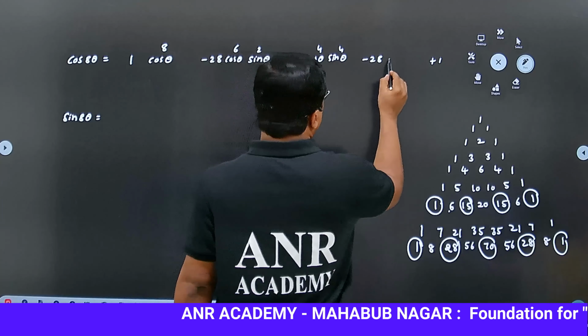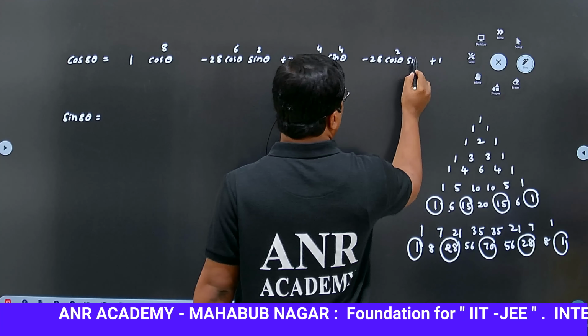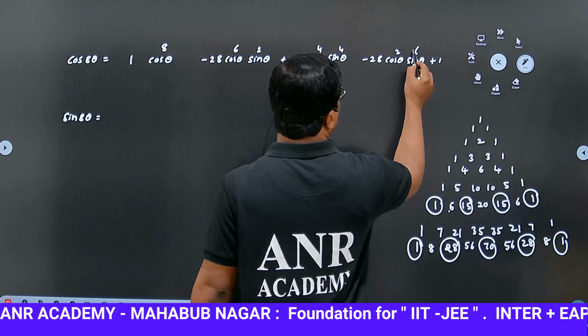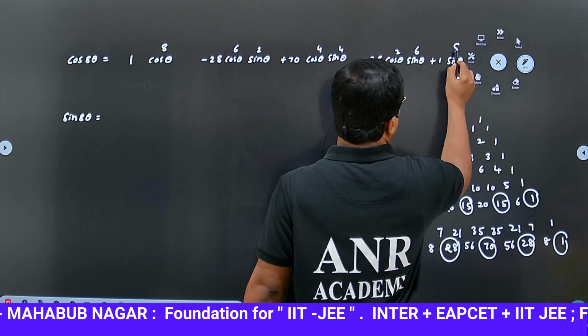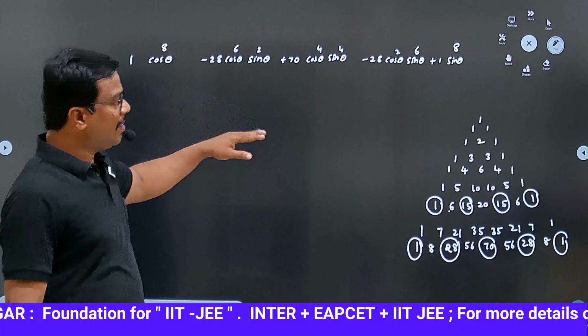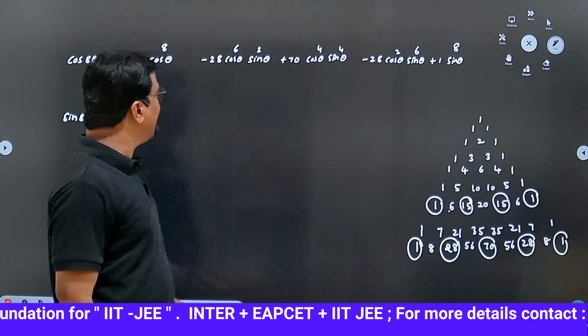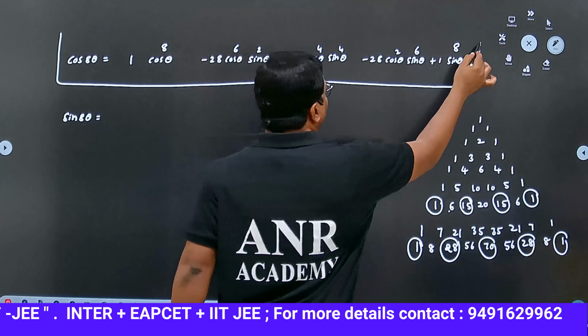Next cosine reduced by 2 and sine increased by 2, so 6 here, and then the last term sin theta to the power of 8 we get. So in this way, just by seeing the Pascal triangle, you can write the cos 8 theta formula.